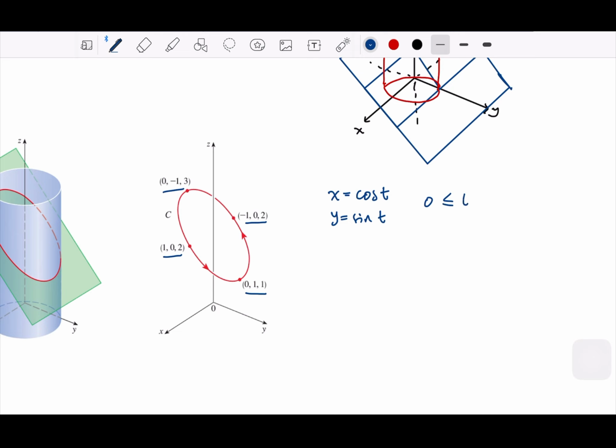We can have our t described from 0 to 2 pi, and from y plus z equals 2, we have z is 2 minus y, or 2 minus sin t. Okay. Now we have 3 components.